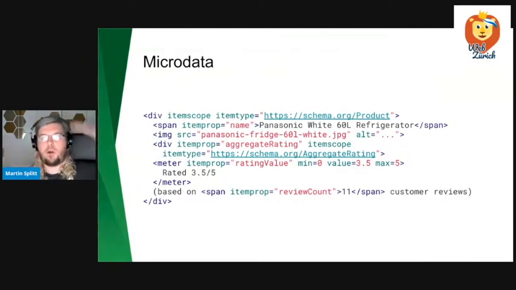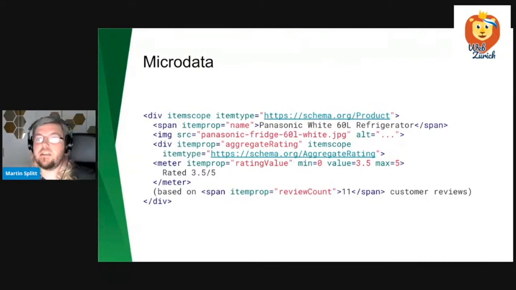So now we have this block of information with an image in there, with some text in there, some more text and some numbers, and then this meter. But what do these mean in terms of the product description that we have in schema.org? And then we can say, okay, so here's the thing. The span has a blob of text. This text is the name of the product. So we are in a product block, and inside this product block, there's a name, and the name is Panasonic white 60L refrigerator.